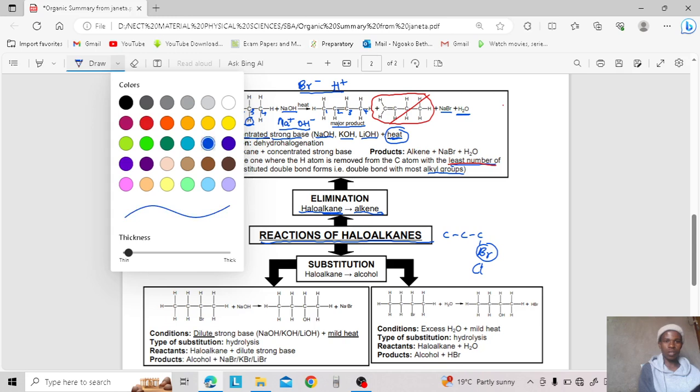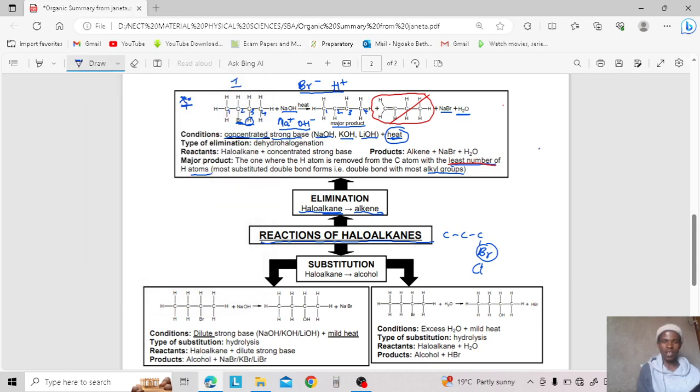Let's go back to the explanation. Now the reaction is between a haloalkane and a concentrated strong base, so we emphasise concentrated strong base. If it is a strong base you will be given marks, so note a concentrated strong base for the elimination reaction.